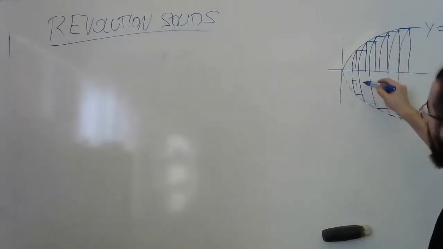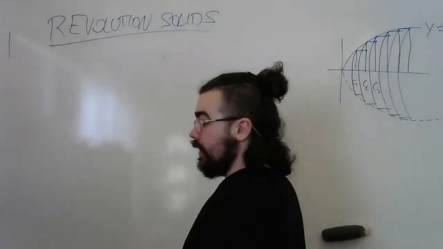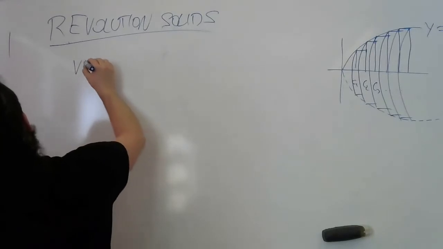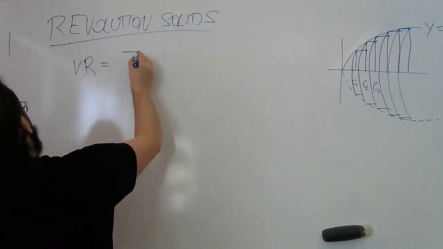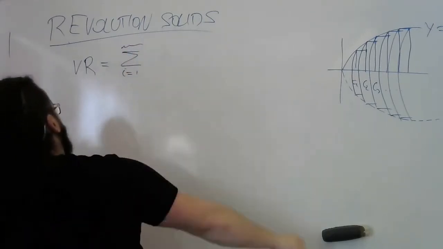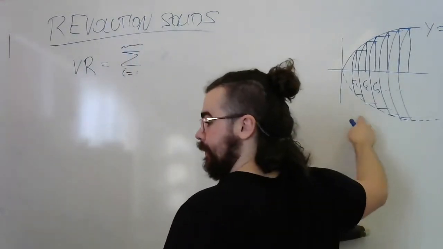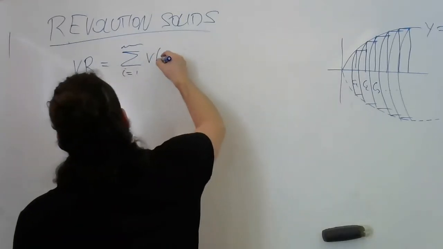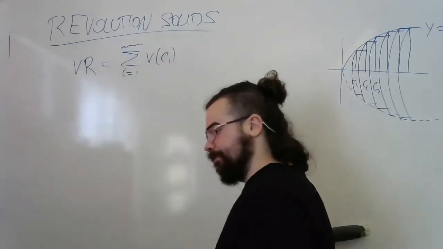We can call it C1, C2, C3, boom, boom, boom. So the volume of revolution is the sum of the volume of the cylinders.